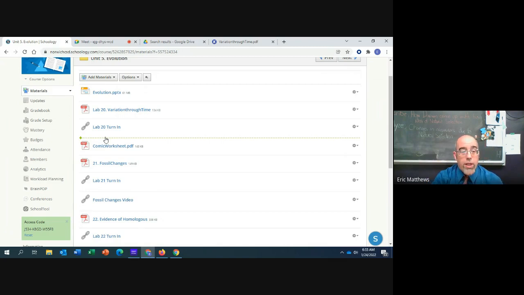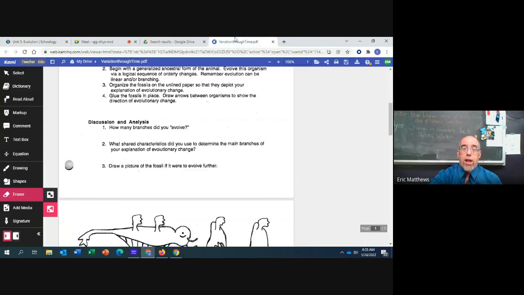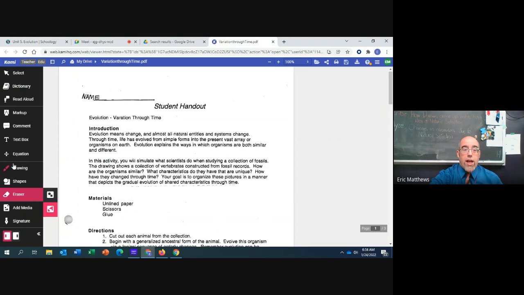Now, remember, we have used the fossil record in order to piece together the evolution of many, many organisms, including things like whales, one of the ones that we've already looked at and watched a video on. So now we're going to do it again. The Variation Through Time lab is literally designed around this idea. In this activity, you will simulate what scientists do when collecting and studying fossils.